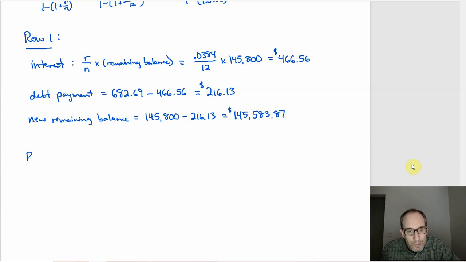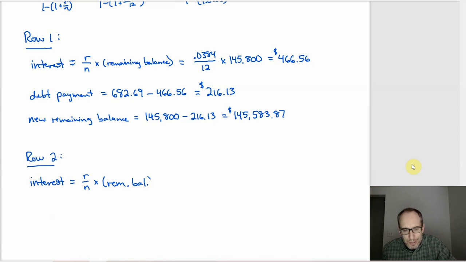Won't change the process, but it'll change the numbers. All right, so then with row 2. All right, so then this time, when we get our interest, so it'll be, once again, R over N times the remaining balance, which I'm going to abbreviate because my hand is getting tired.